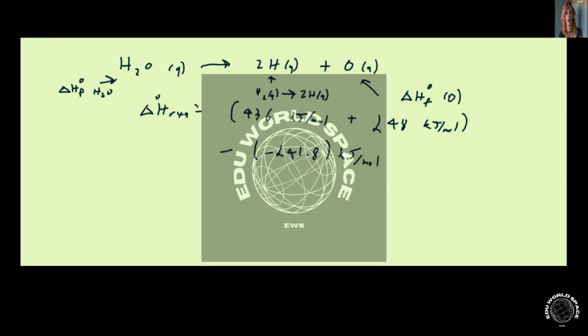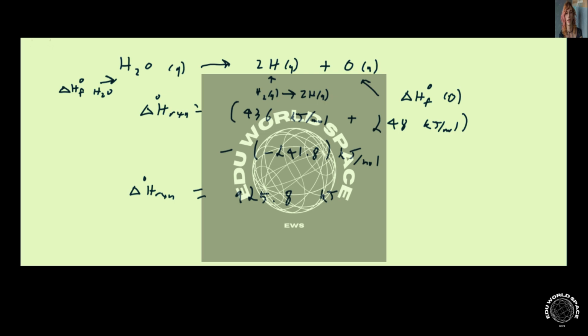Okay, so what do we get when we do all that? We get 925.8 kilojoules per reaction unit.